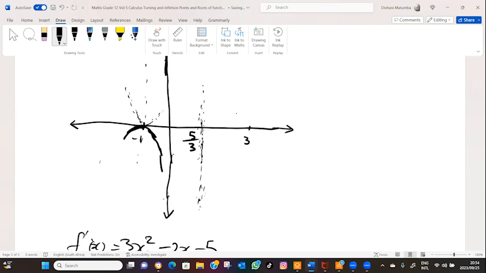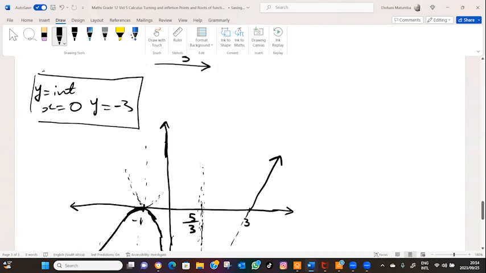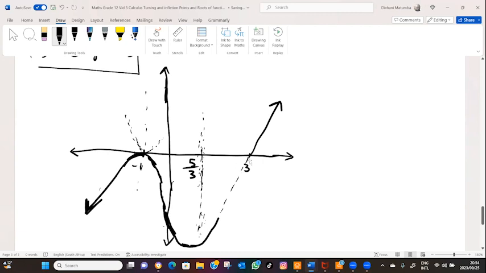So we know that the graph will cut at minus 3, then go back and cut the x at that point. This is what we have. And these are the solutions, the two solutions, 3 and minus 1.